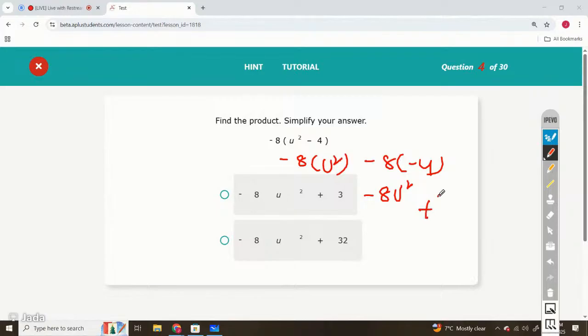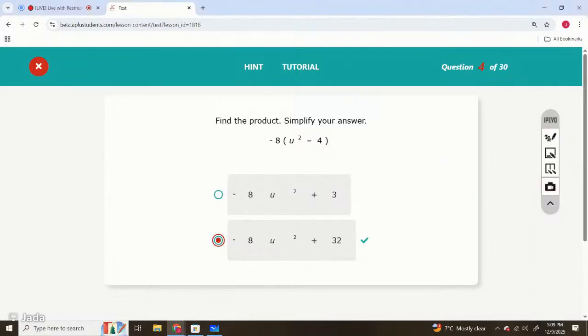Negative 8 times negative 4 is plus 32. So that is negative 8u square plus 32. Option number 2 is the correct option.